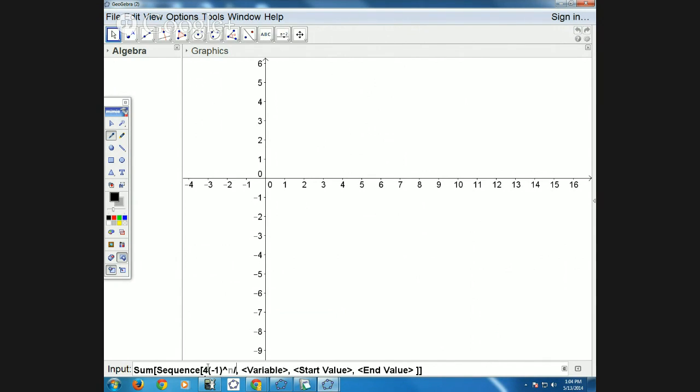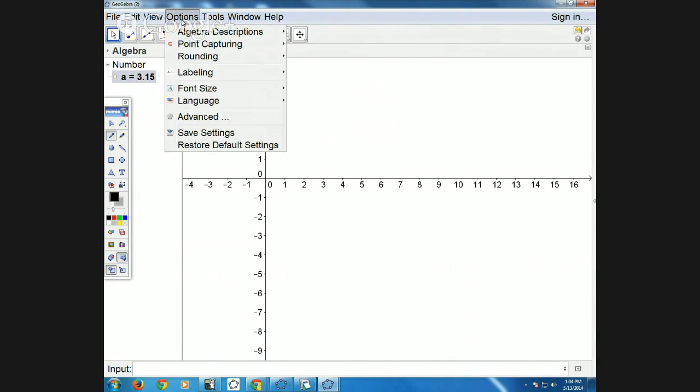I'm going to start n at 0. Variable is n, starting at 0, ending at, I'm going to do the first 100 terms. Calculator says 3.15. Darn, it's slow.